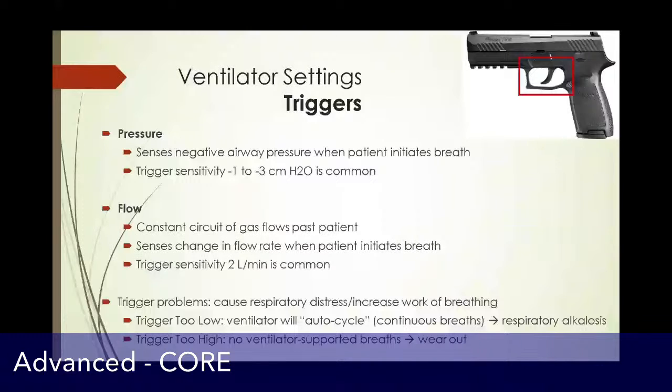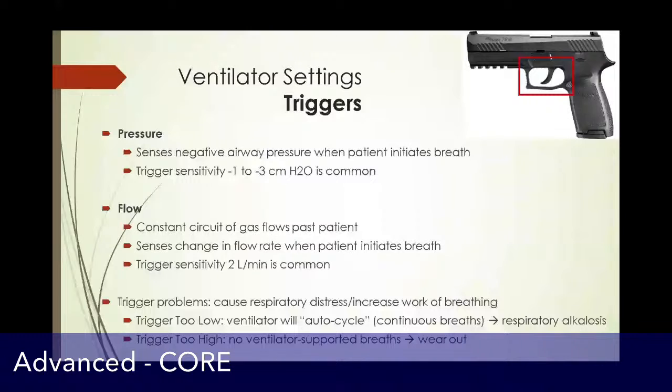So there are problems that you can run into by setting the trigger too high or too low. Again, these are usually set by the ventilator themselves, so you don't have to worry about it. But if you set the trigger too low, the ventilator will keep delivering breaths. If you have any type of variation in your breathing, it'll just keep giving you breaths, make you hyperventilate, cause respiratory alkalosis.